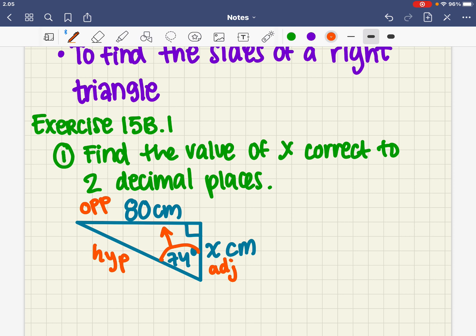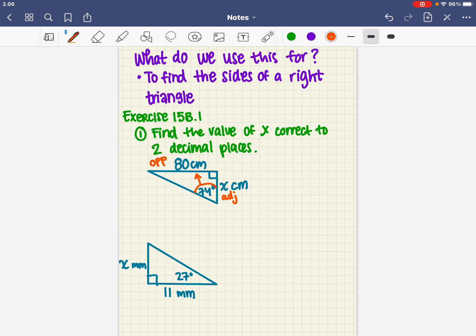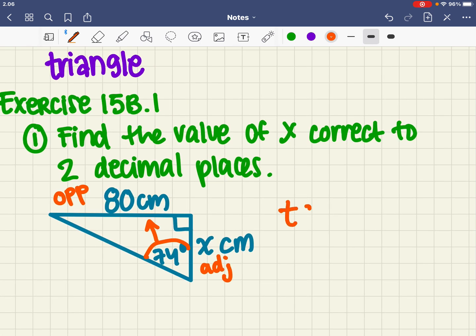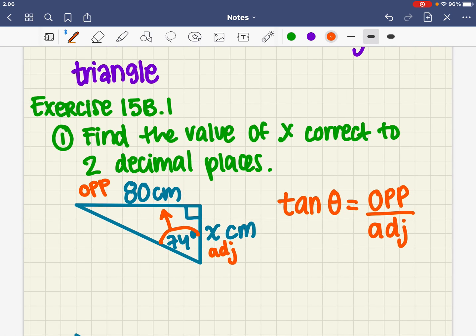Sine, cosine, or tangent? So right now we don't really care about hypotenuse, right? We only care about opposite, and we're looking for adjacent. Okay, what ratio, if you go back, has opposite and adjacent? That would be tangent theta, right? So tangent theta is equal to opposite over adjacent. Okay, so we're trying to find adjacent here.